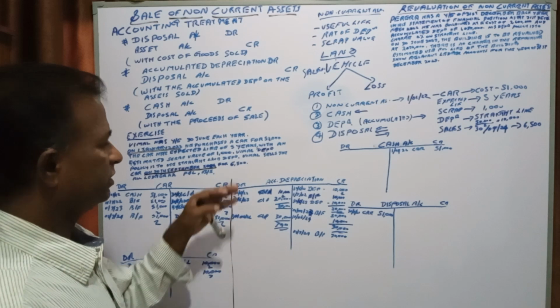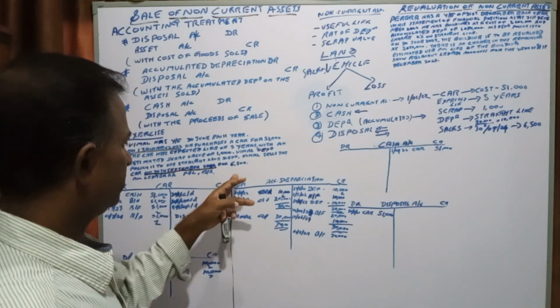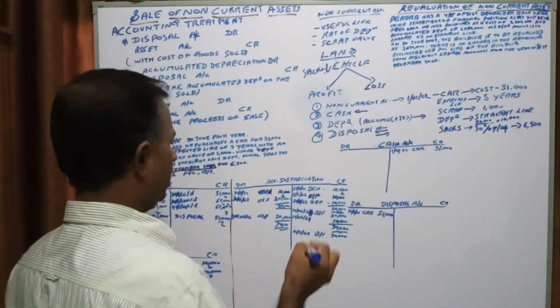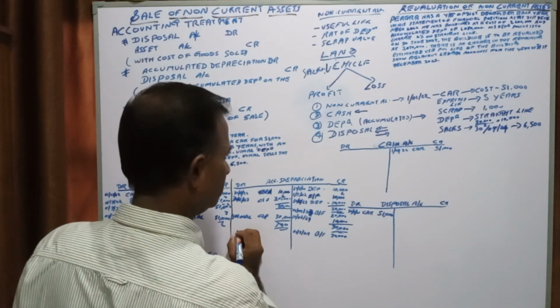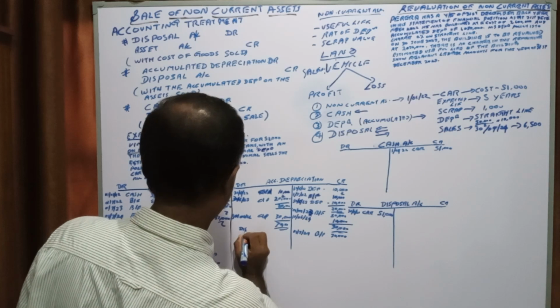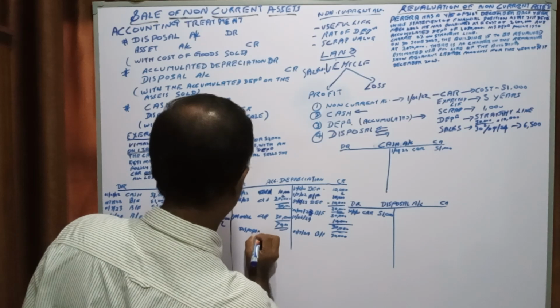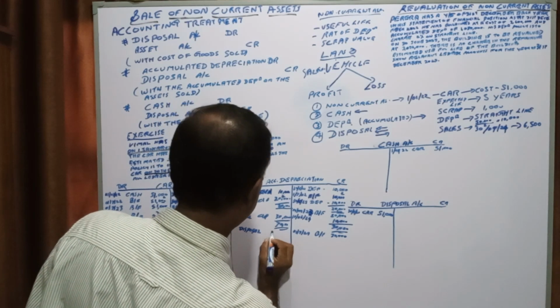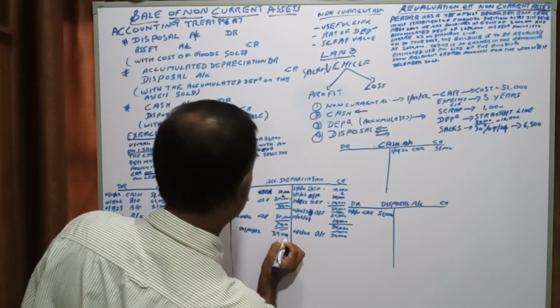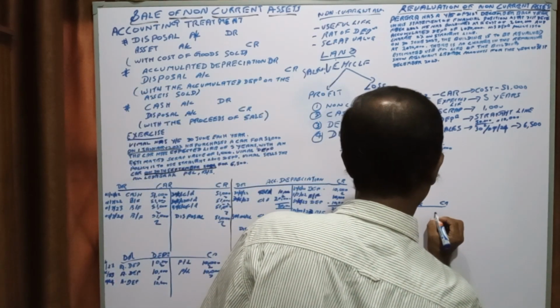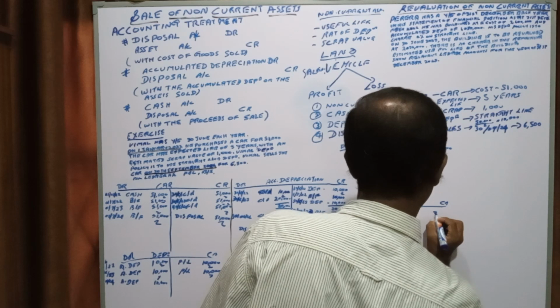Now the second step is we have to remove the accumulated depreciation from its account. Accumulated depreciation, disposal account. On debit 30,000, disposal account credited 30,000.